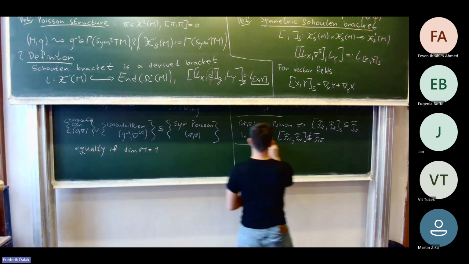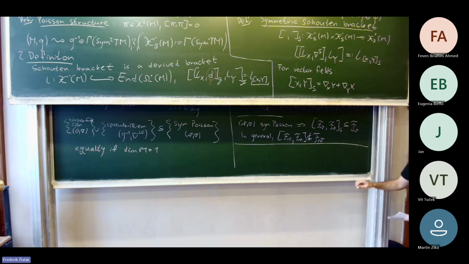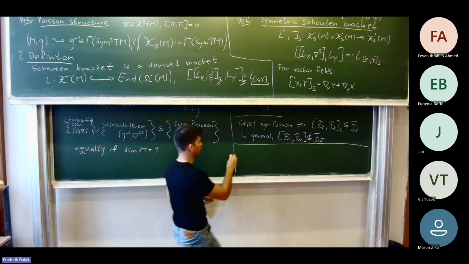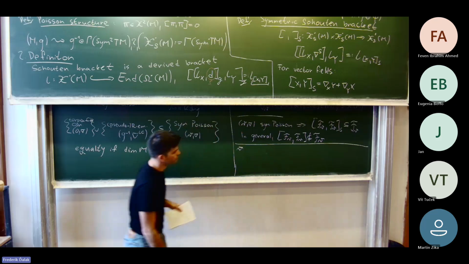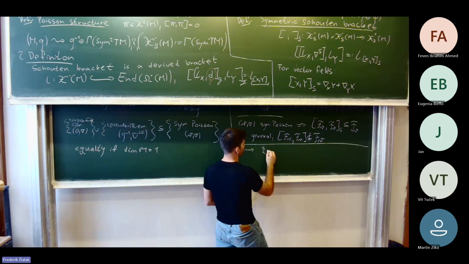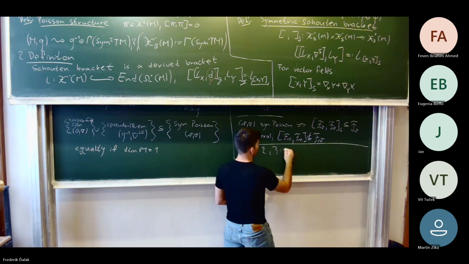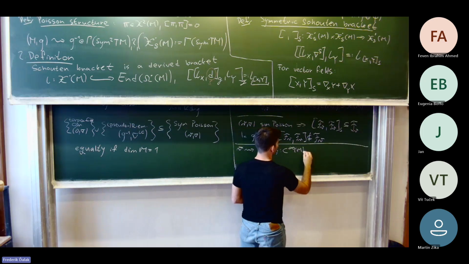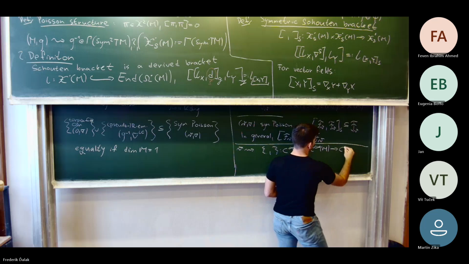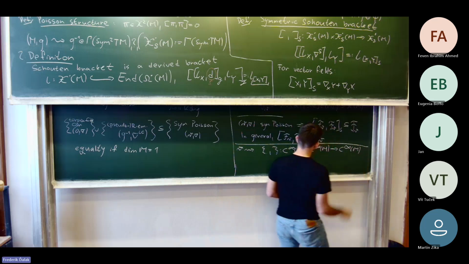So let me make a comment on some more or less notational thing. When I have theta, not necessarily symmetric Poisson, I can always assign to it a bracket on functions, in the same way as you do it for Poisson structures.